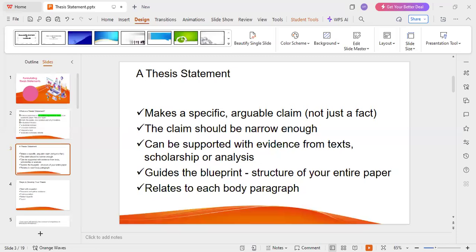And also, your claim should be narrow enough. So, what do you understand as narrowing down? You might have your own interpretation about it. We have already discussed it as well. What do we identify as narrowing down in research?